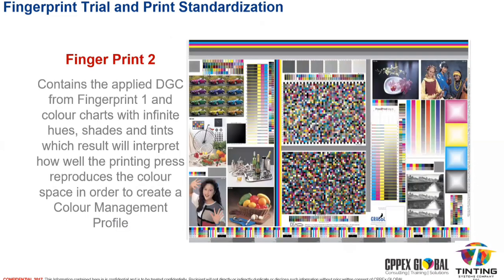So fingerprint 2 contains the dot gain curve from fingerprint 1 and a color chart with infinite hues, shades, and tints that result in the form of trapping in the color overlappings, which helps interpret how the press will produce the color space in order to create a color management profile. So this is very important.